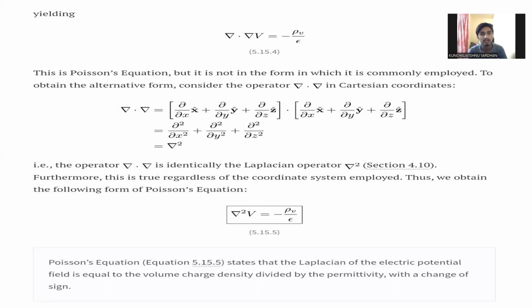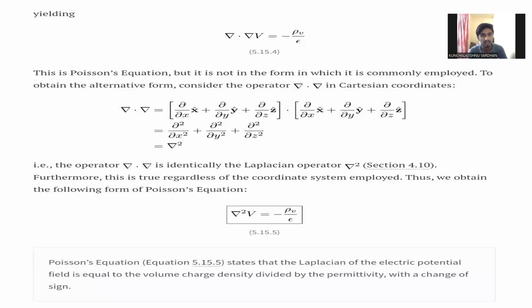To obtain the alternative form, consider the operation grad dot grad in Cartesian coordinates. Grad dot grad equal to (∂/∂x x̂ plus ∂/∂y ŷ plus ∂/∂z ẑ) dot (∂/∂x x̂ plus ∂/∂y ŷ plus ∂/∂z ẑ), that equals ∂²/∂x² plus ∂²/∂y² plus ∂²/∂z², equal to grad squared.